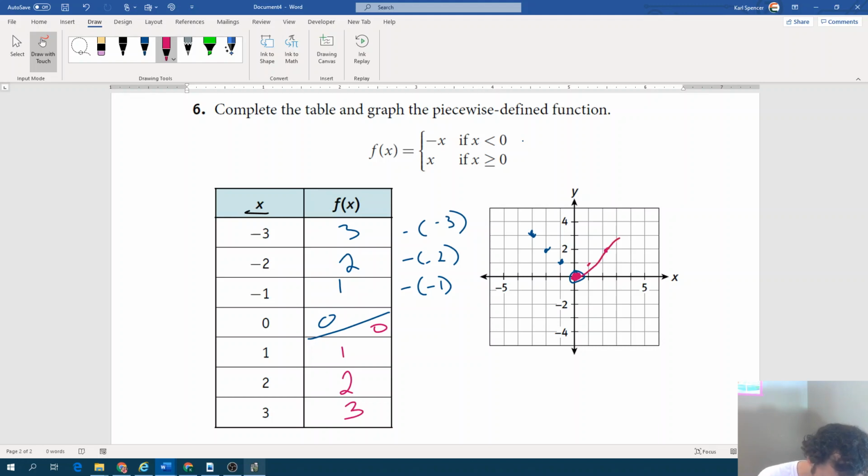So we have, if I can make that line a little bit straighter, that'd be nice. 1. Now something to note here on this equation. Well, this is going to be our piecewise function. It's going to be essentially the absolute value function is what we're graphing. The absolute value is just a special piecewise function.